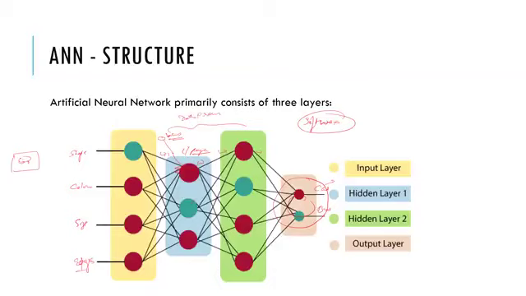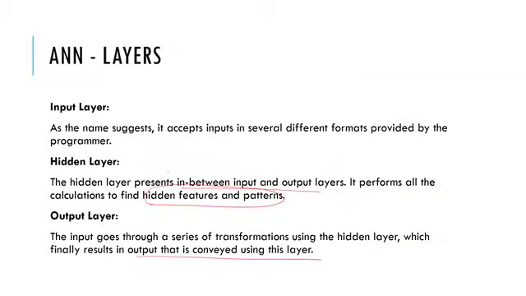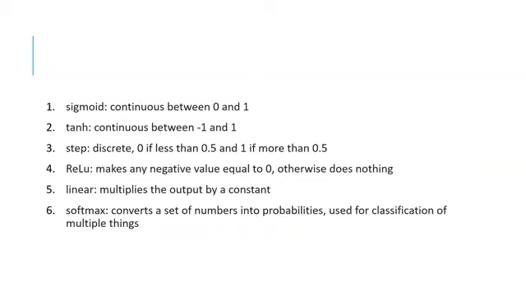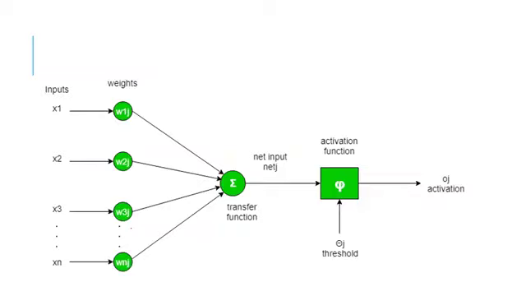For this particular hidden node, let's suppose it will pick 1.09, and for this particular input feature, it will pick 26. So it will randomly assign the weights at every layer. And this is the softmax which I was talking about. It converts a set of numbers into probabilities, used for classification with multiple variables.